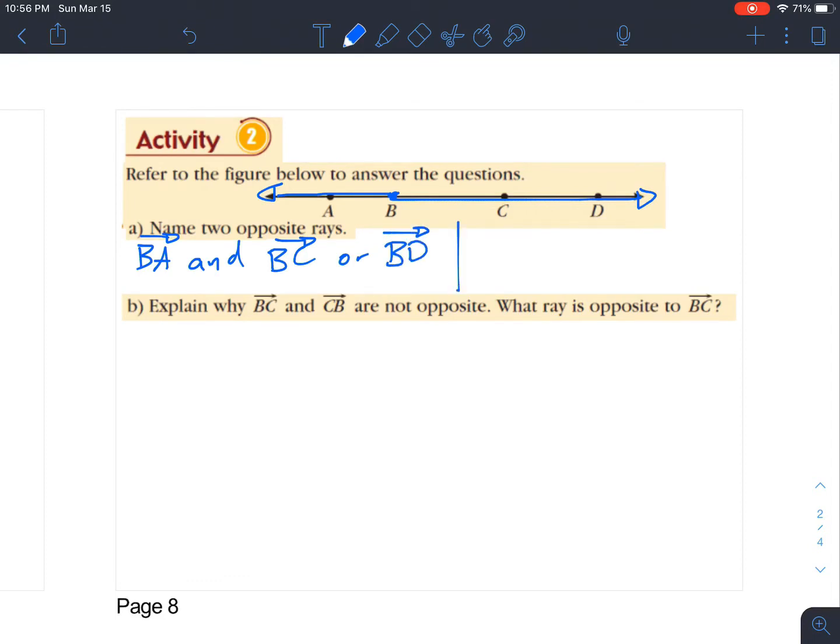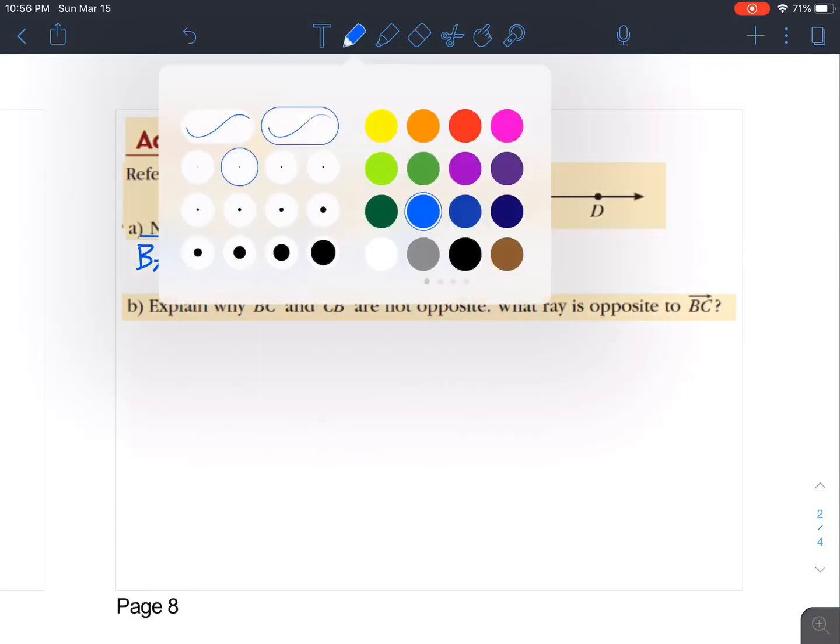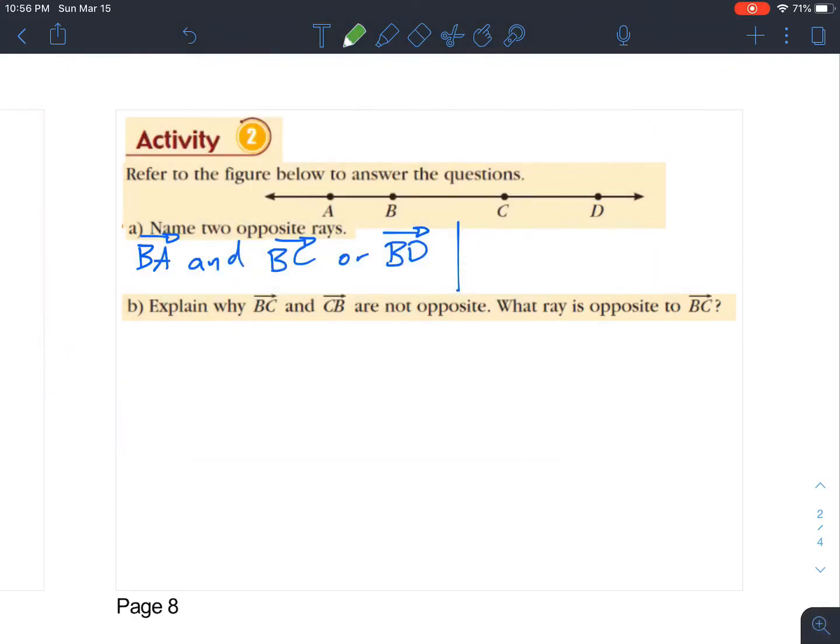So that's going to be one possibility, ray BA, and then it has to pair with either BC or BD. Then another possibility that we have is starting at point C. If we go to the left, then we have either CA, or we could call that CB. And then going to the right, there's only one possibility, which is CD.